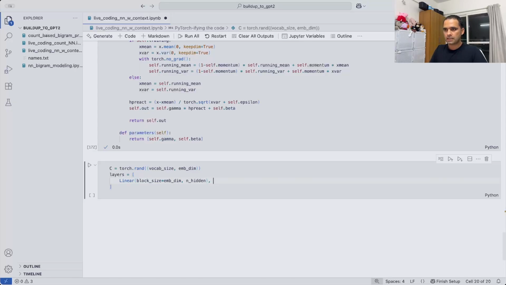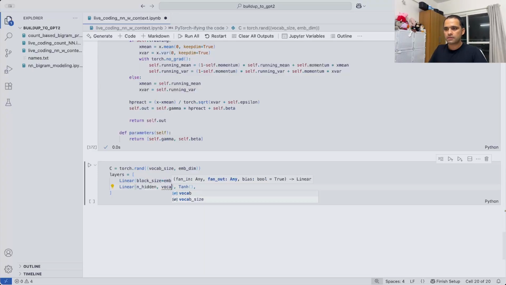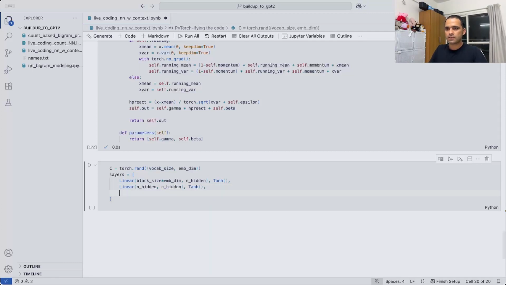We'll take in tanh here. Next, the hidden dimension would be the input and the output would be vocab size, and then we might not need tanh, or if we are going to increase our number of layers, we can still do it.